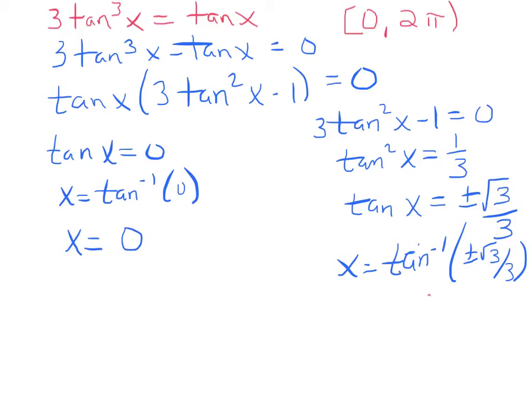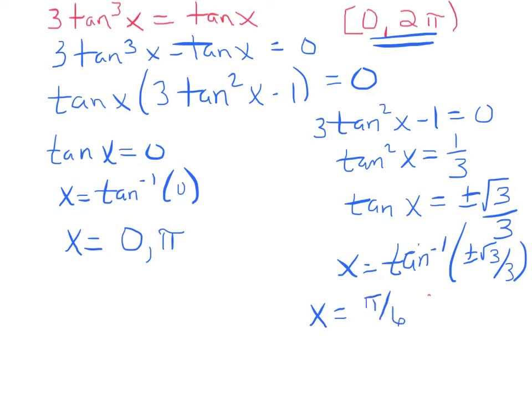Okay? And because I've got this boundary up here that I want all the values between 0 and 2 pi, what other angle between 0 and 2 pi would also have a tangent of 0? And that's going to give me a value of pi. Okay? And over here, with the tangent being plus or minus square root of 3 over 3, that's going to put me in the pi over 6 family.